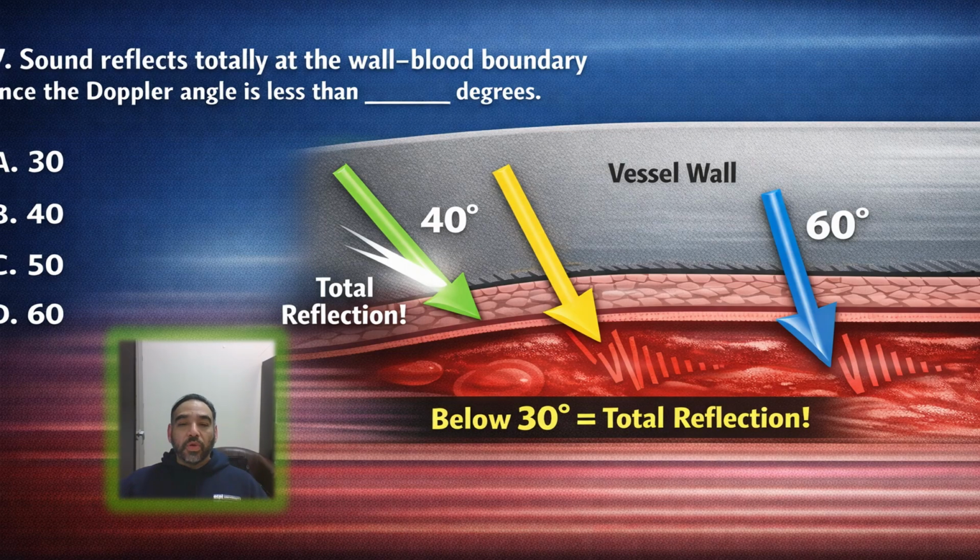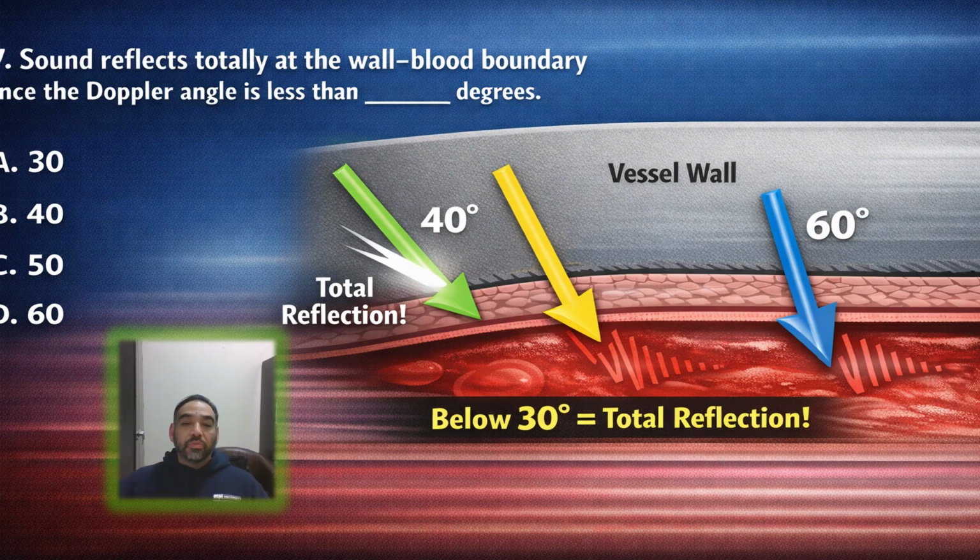Now let's look at the other answers and why they're wrong, one by one. B says 40 degrees. If total reflection happened below 40 degrees, we wouldn't be able to obtain Doppler signals at, let's say, 38 degrees, but we absolutely can get Doppler at 40. In fact, 45 is commonly used in vascular imaging.